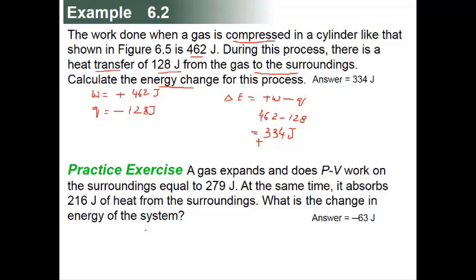Okay. Now here in this case he says the gas expands. When you see the word expand, it means work is done, PV, pressure volume, work is done. So work is minus W, equal to minus how much? 279.